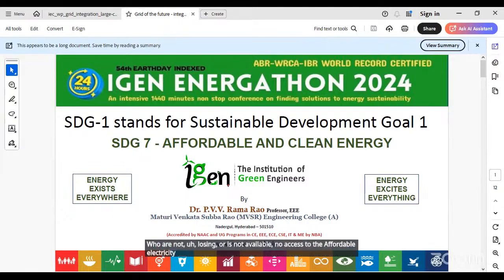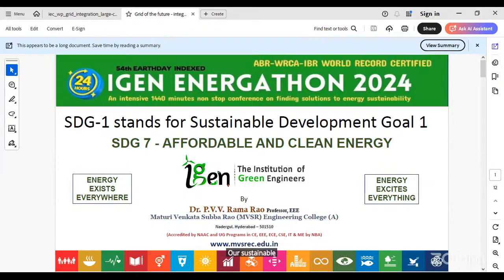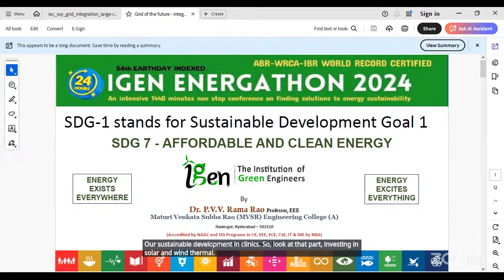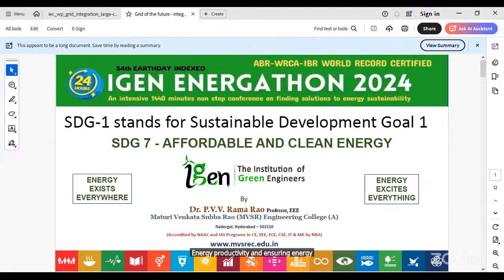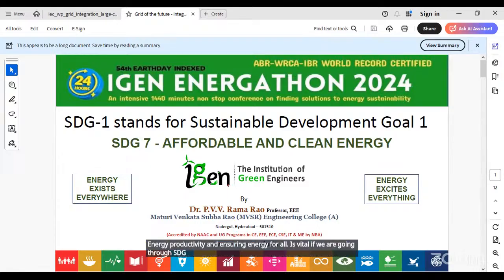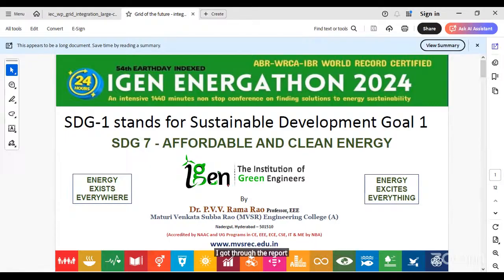As researchers, technologists, or sustainable development engineers, we have to look at that part. Investing in solar, wind, and thermal, improving energy productivity, and ensuring energy for all is vital if we are to achieve SDG 7 by 2030.